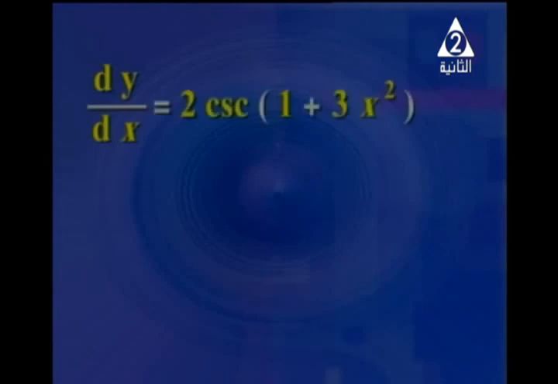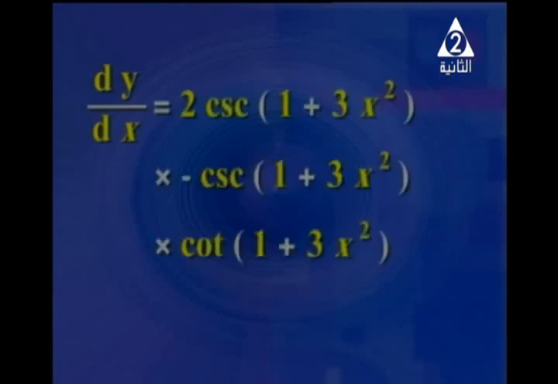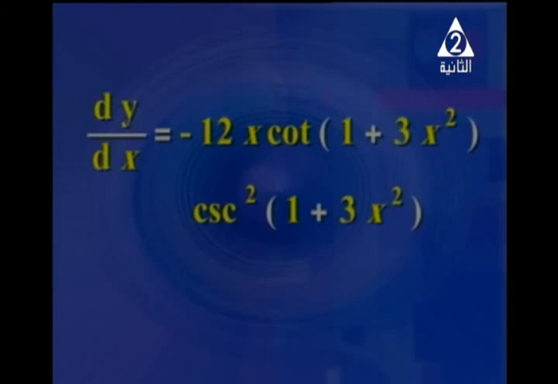Dear student, dy over dx equals 2 multiplied by cosec 1 plus 3x power 2 times differentiation of the inside bracket, times negative cosec 1 plus 3x power 2 times cotan 1 plus 3x all power 2 times 6x. dy over dx equals negative 12x cotan 1 plus 3x power 2 multiplied by cosec power 2 1 plus 3x power 2.